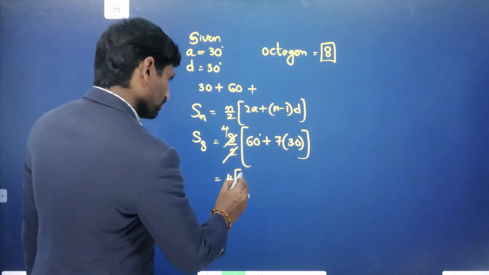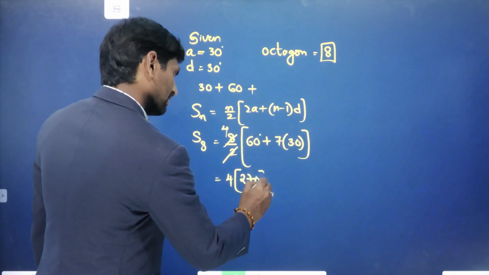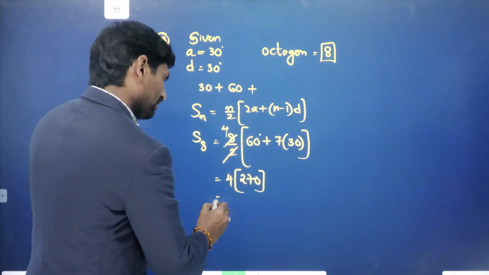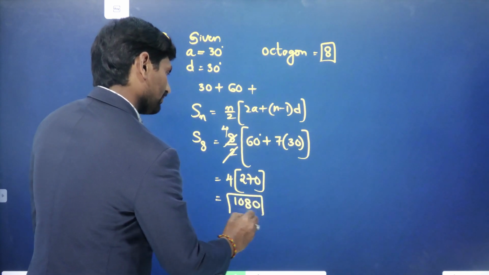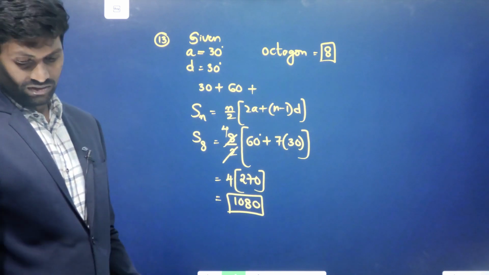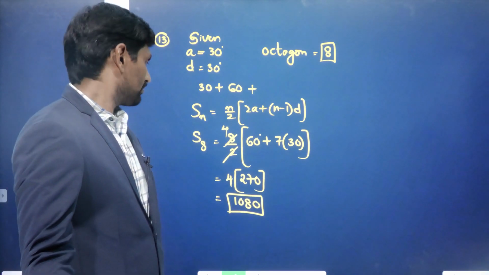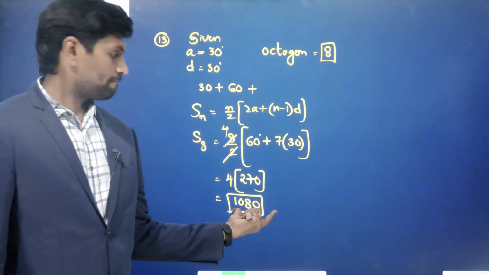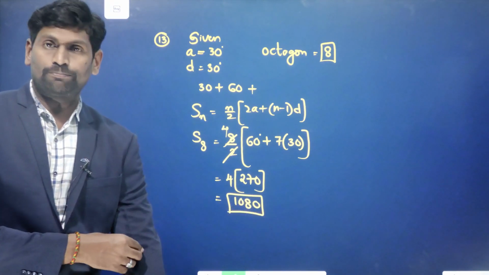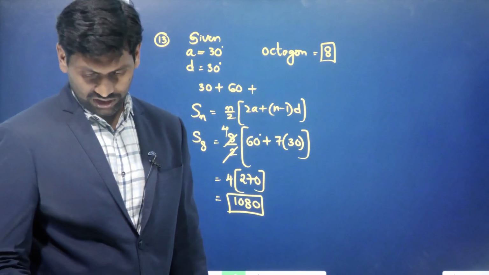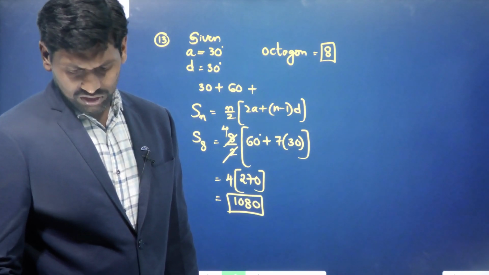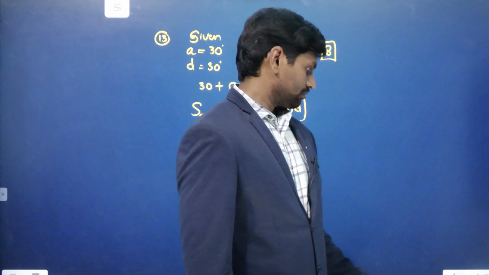Total 9 thirties are 270. So multiply 4 by 270 to get 1080. By using the arithmetic progression formula, the Sn formula, we got the value 1080.